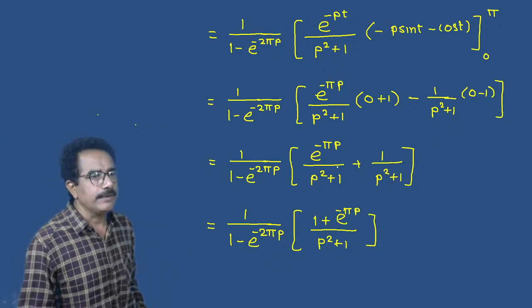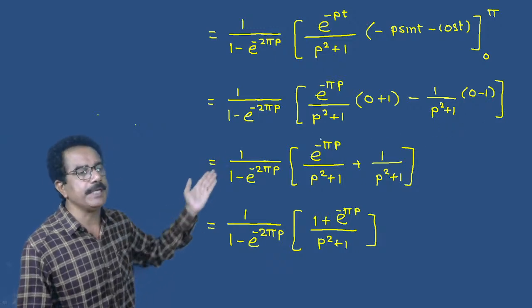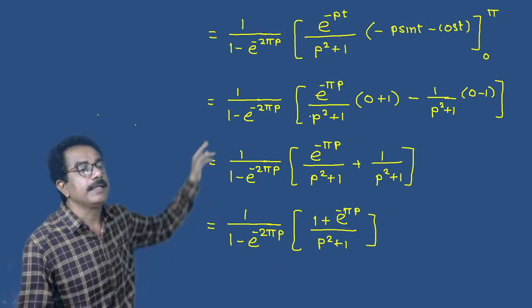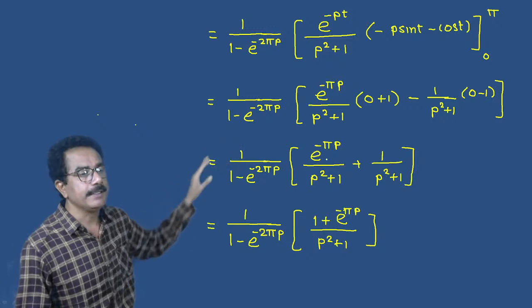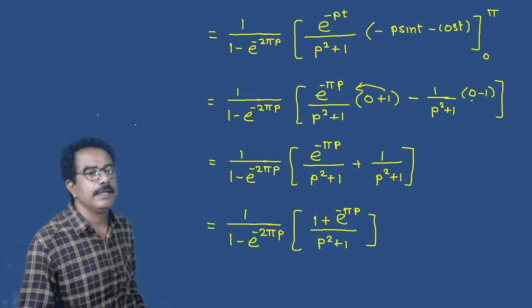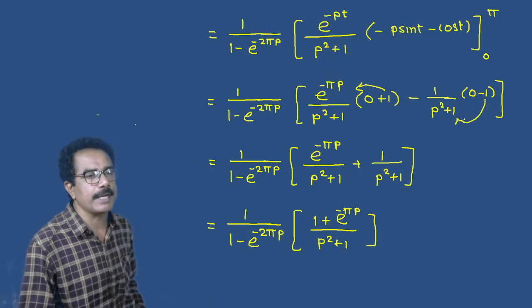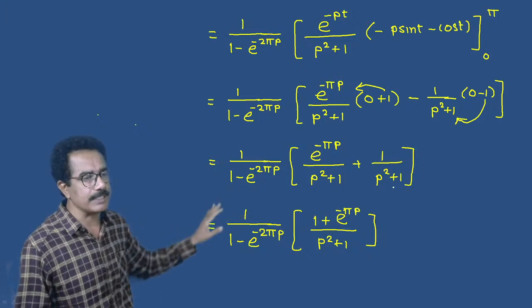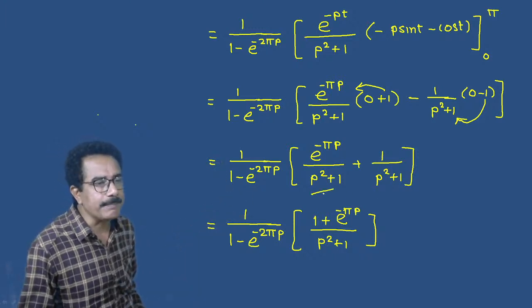Now see this, e raised to minus pi p divided by p square plus 1, multiplied by 1, and again minus minus plus 1 upon p square plus 1. Now take the LCM, p square plus 1.